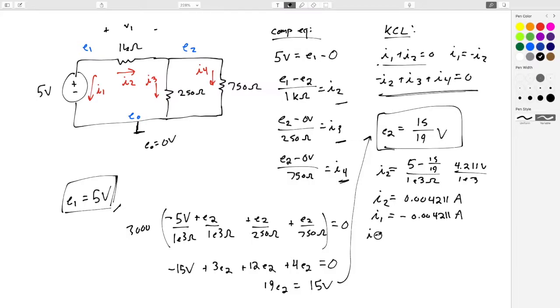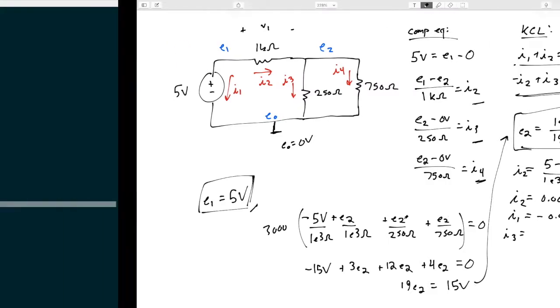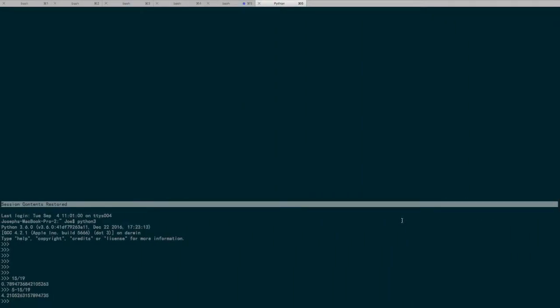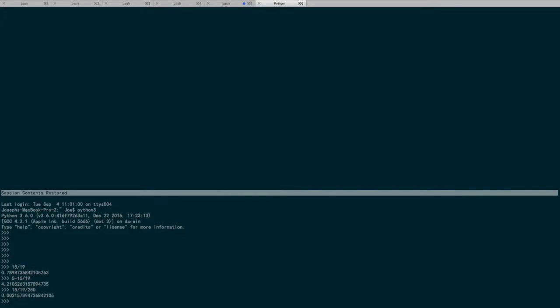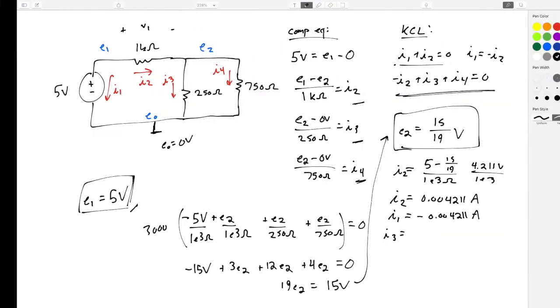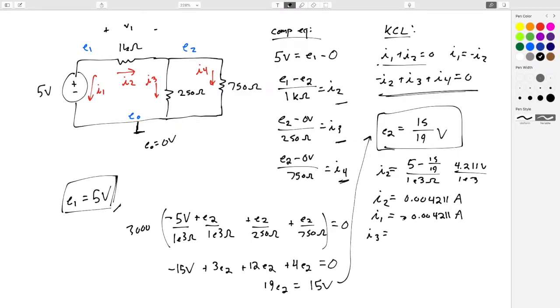I3 will equal, what's E2 again? E2 is 15 over 19, so 15 over 19 divided by 250 is 0.00316. Let me write that out so we're a little bit clearer on that.